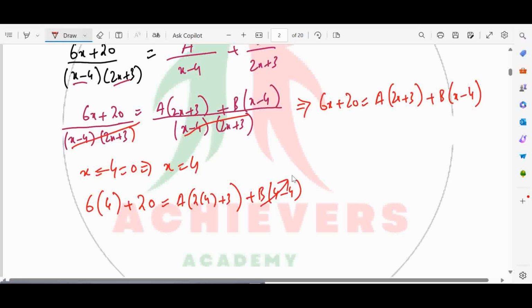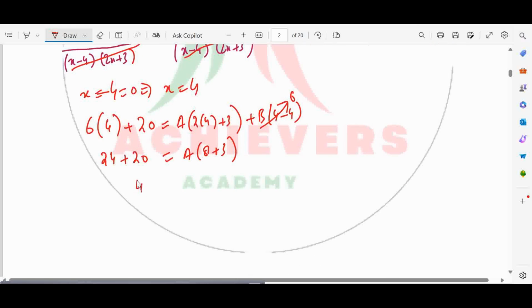This will become 0. Now 6 times 4 is 24, plus 20 is equal to a into (8 plus 3). So from here we have 44 equals a into 11, which means a is equal to 44 by 11, which means a is equal to 4.